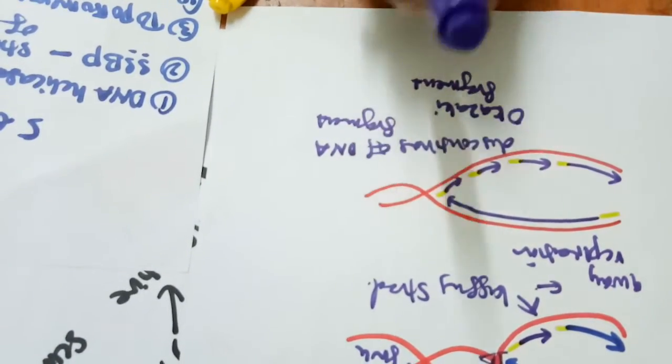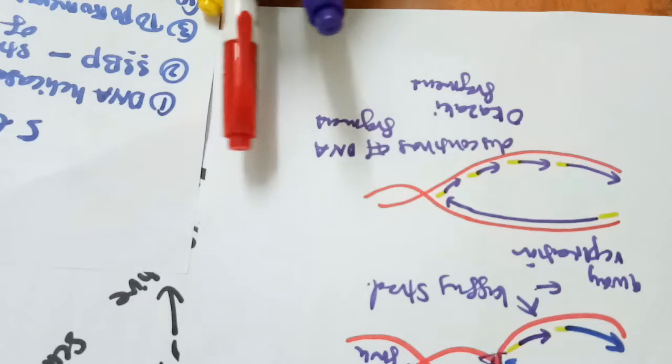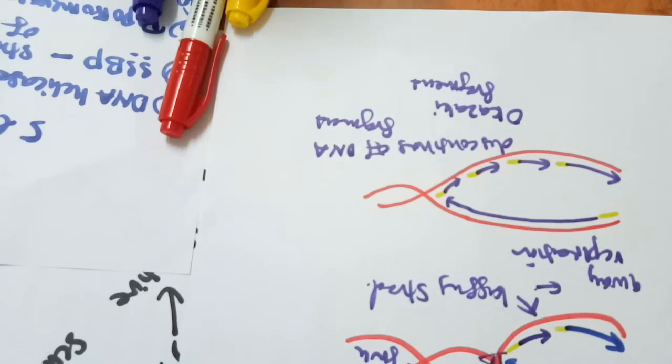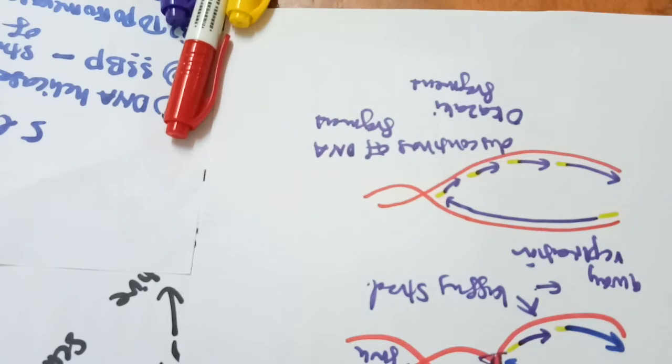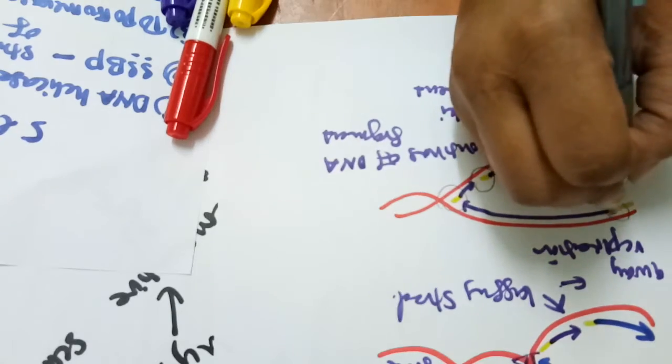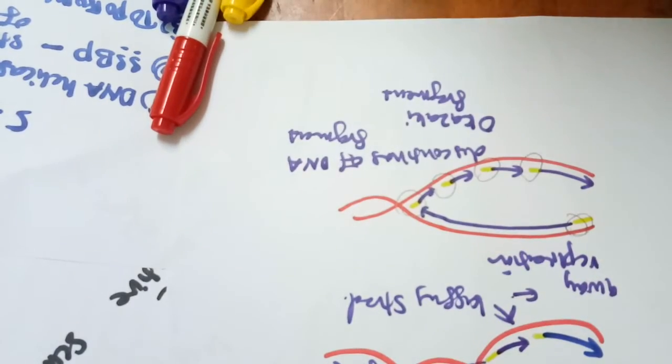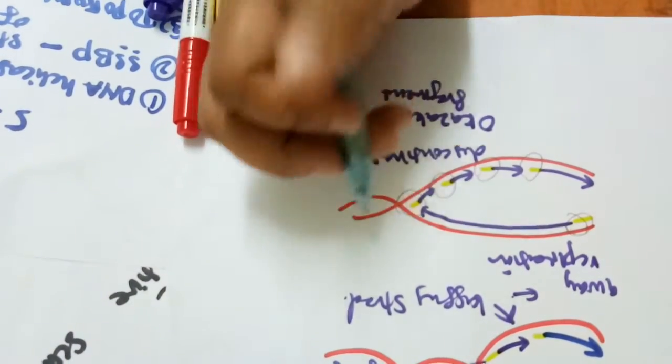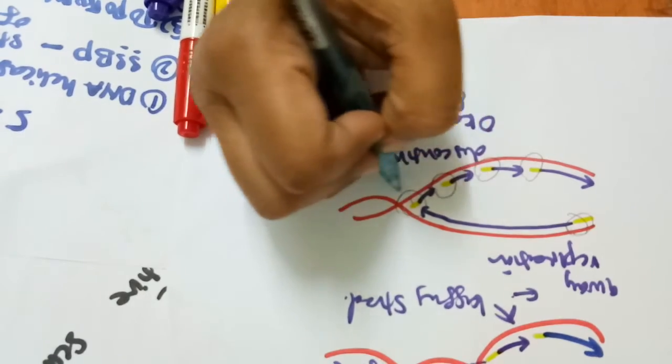How do we produce a continuous DNA strand? First, we have to remove the RNA primer, because we need DNA, not RNA. As you can remember, the nitrogenous bases of DNA are adenine, thymine, guanine, and cytosine, while for RNA, thymine is replaced by uracil. So we have to remove the RNA primer.